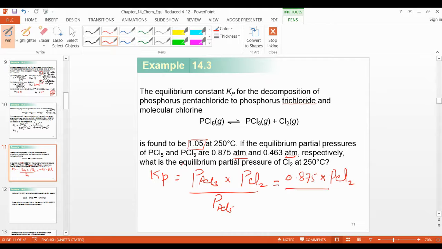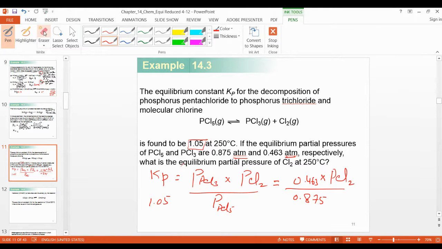PCl2 divided by PCl5, how much is PCl5? Opposite. PCl5 is 0.875 and PCl3 is 0.463. All right, and now Kp you will write here, 1.05.